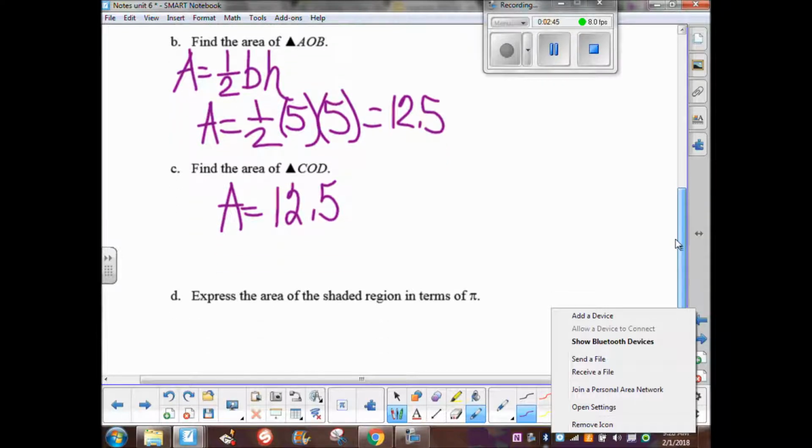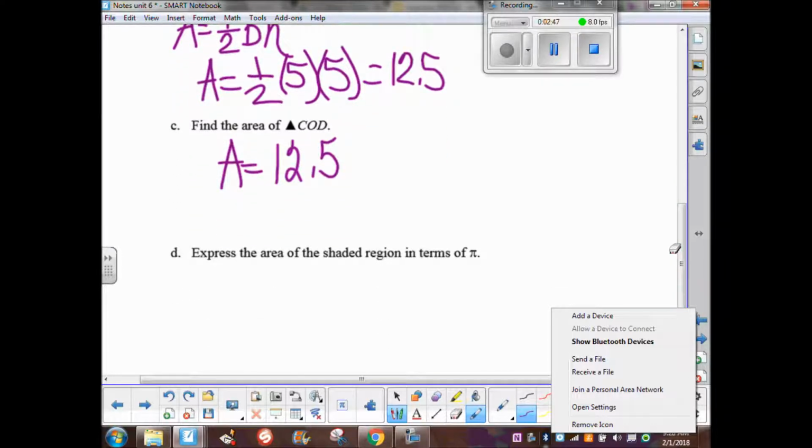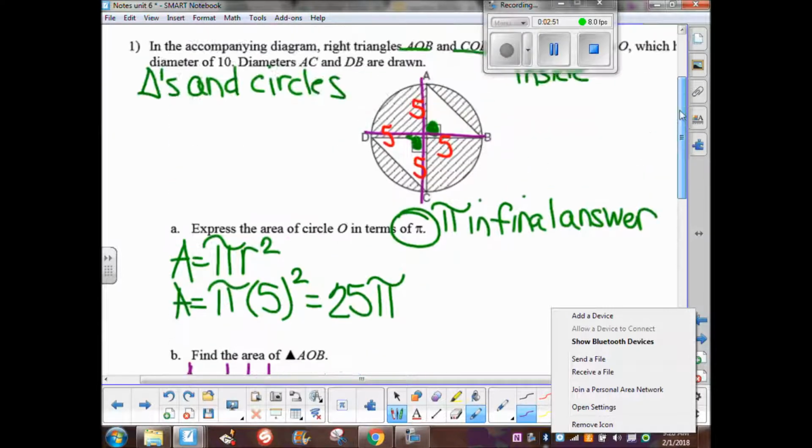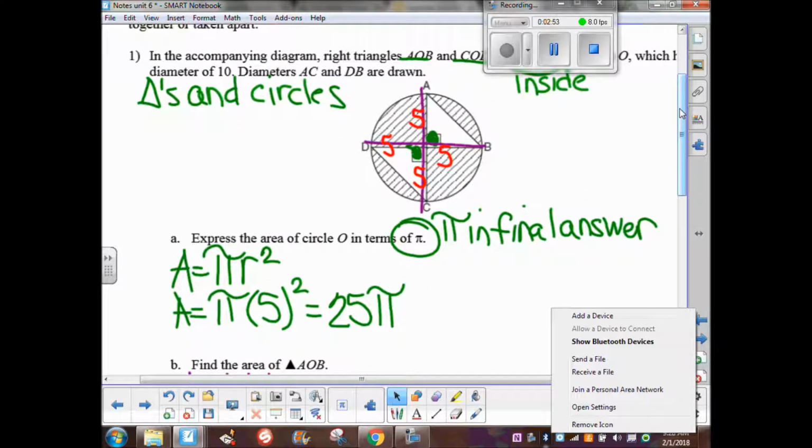Now it says express the area of the shaded region in terms of pi. So when we look back at that shape, I want the area of what's shaded. So what do I need to take out of the circle to get what's shaded? Subtract the area of the triangles.